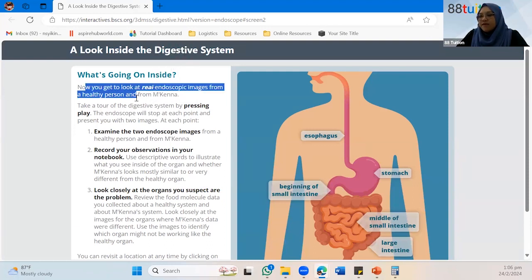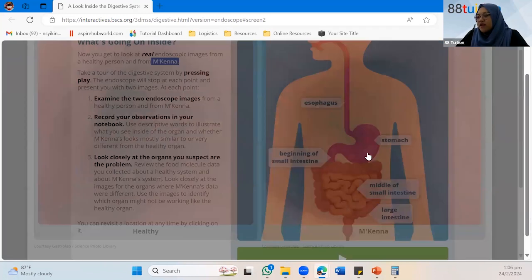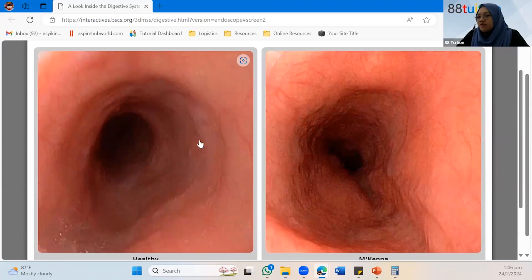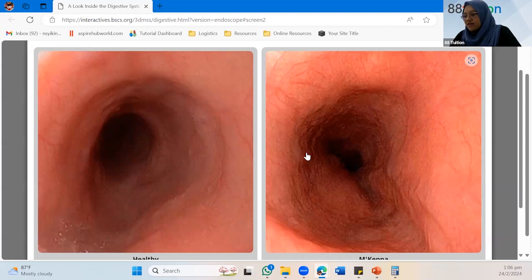So one from a healthy person and one from this other person. So you look at the differences. Can you see what's the difference in the gullet of the healthy person and the other one? If I ask you to describe, the healthy one looks like what? The McKenna one looks like what?